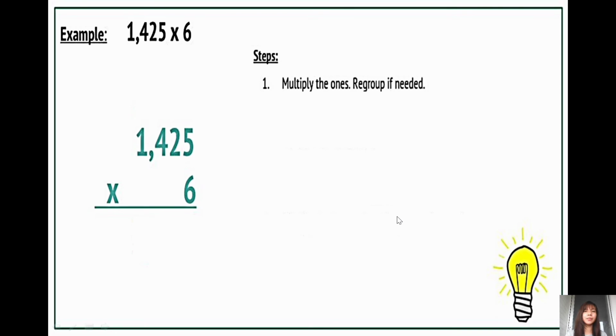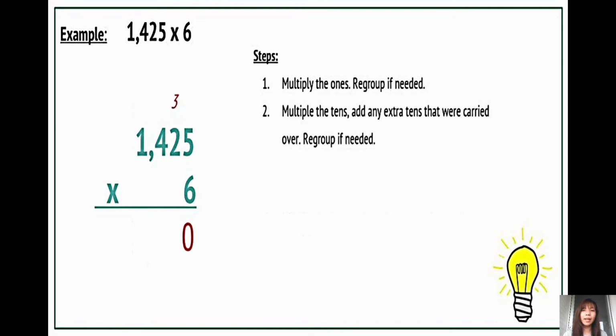Here are the steps. First, multiply the ones, regroup if needed. So here's the ones place value: ones, tens, hundreds, thousands. So 5 times 6 is 30. So write 0, carry over 3.